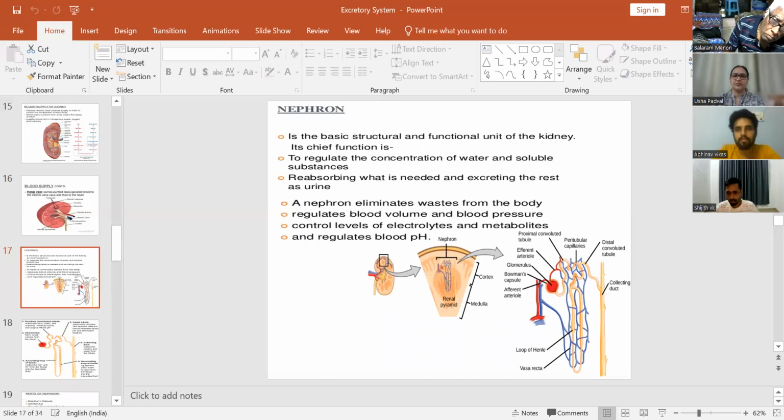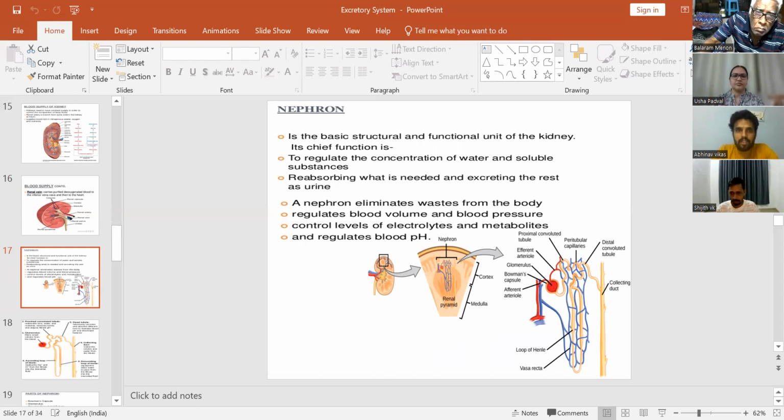Or if you go deeper, it's the mitochondria, the powerhouse of a cell. Here, it is the basic structural and functional unit of the kidney. So what are its functions? To regulate the concentration of water and soluble substances, reabsorbing what is needed and excreting the rest as urine.